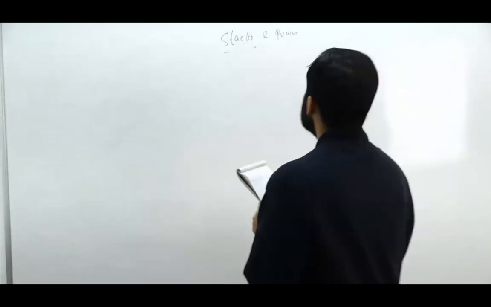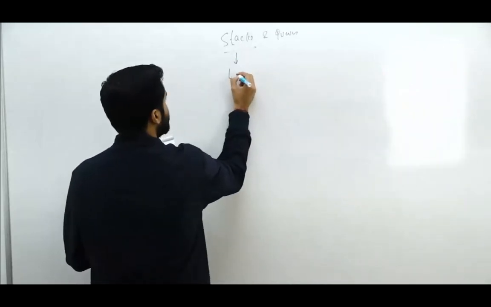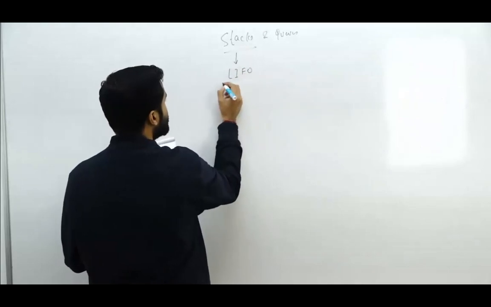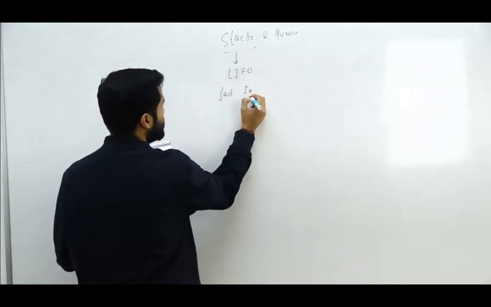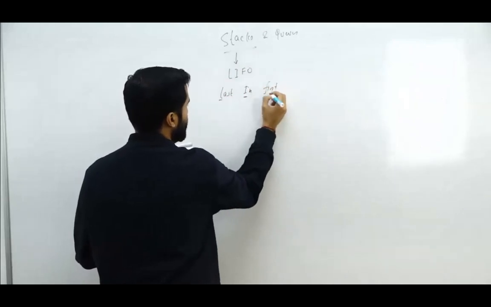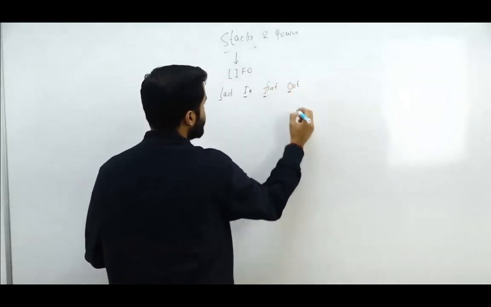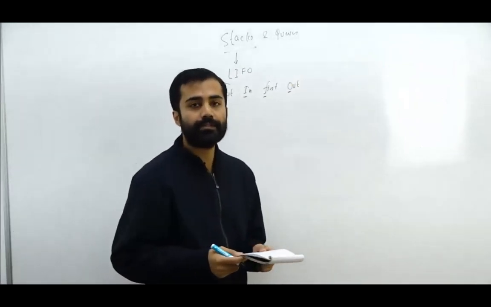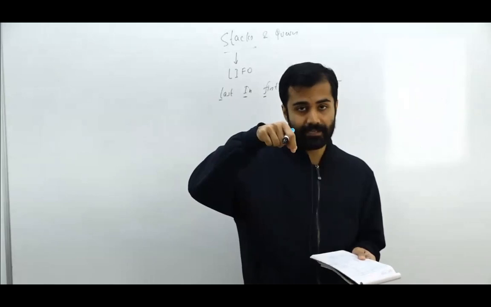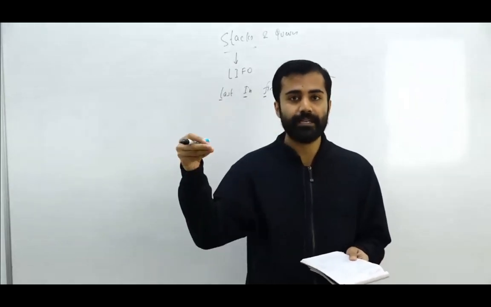Others who don't know, LIFO is last in, first out. So it says that a stack is a data structure in which the element which is last in, that is the element which will first be out.